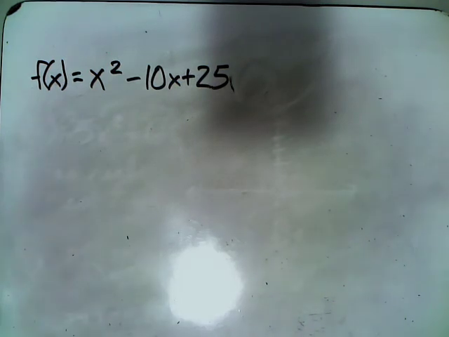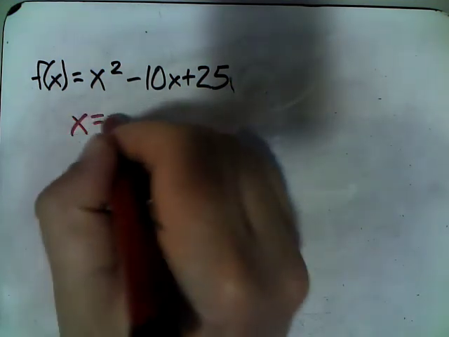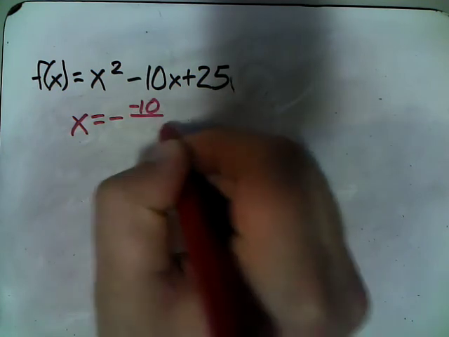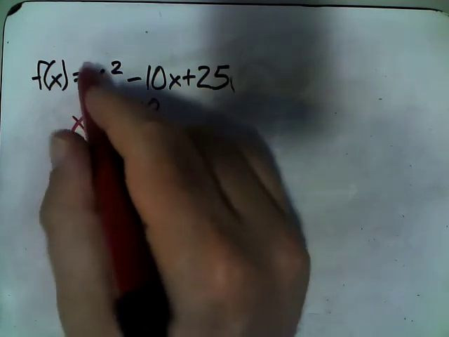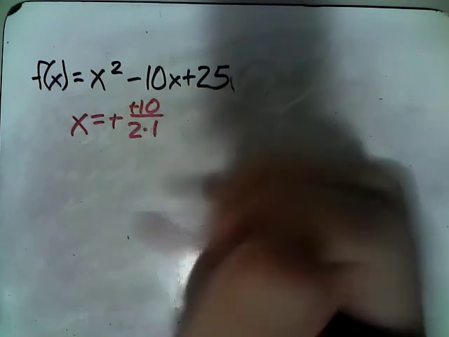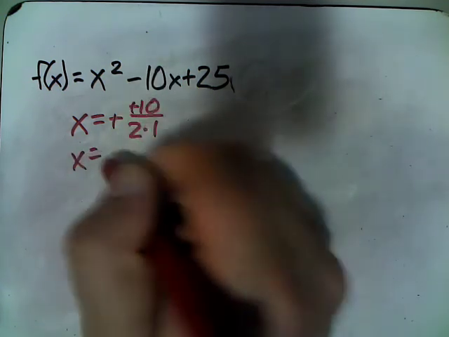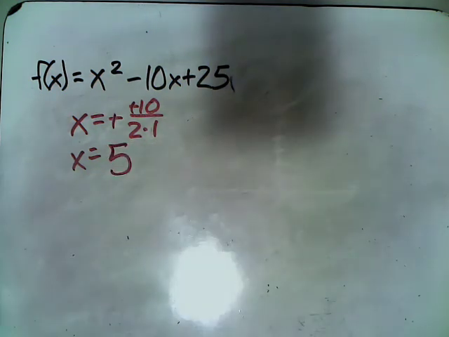So this time, I do actually have a b, so I need to consider what my axis of symmetry would be here. So it'd be a negative 10 over 2 times 1. Well, the negatives will cancel, and then of course 2 times 1 is 2, and 10 divided by 2 is 5. So my axis of symmetry here goes through x equals 5.